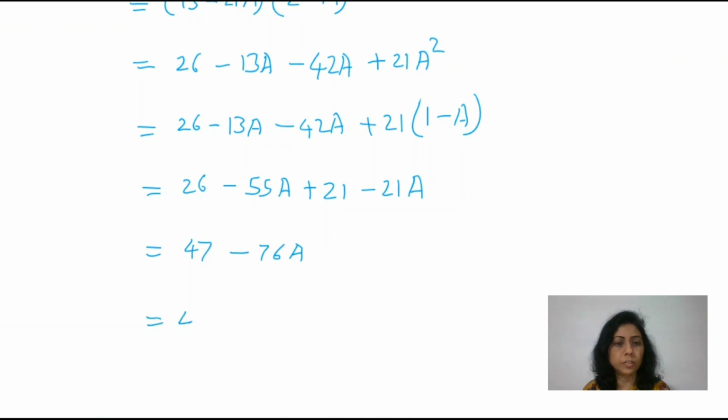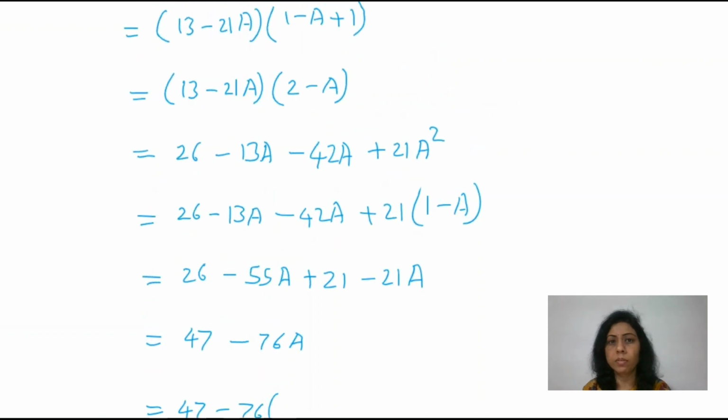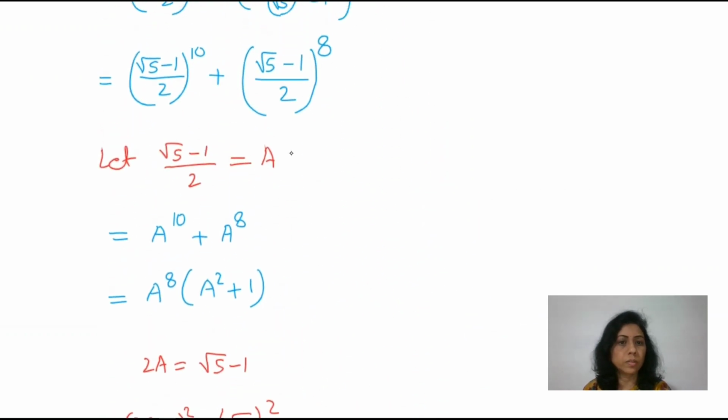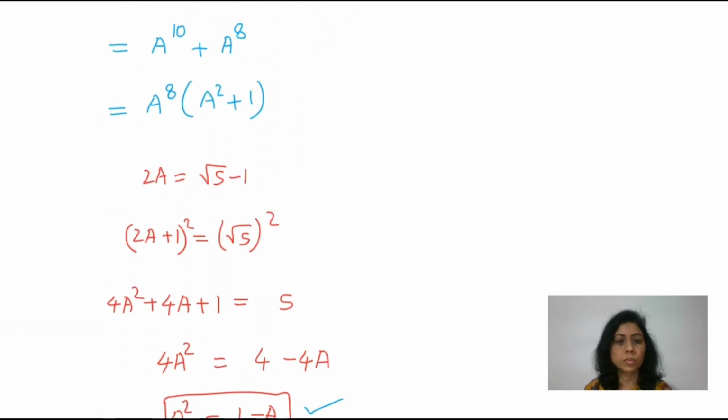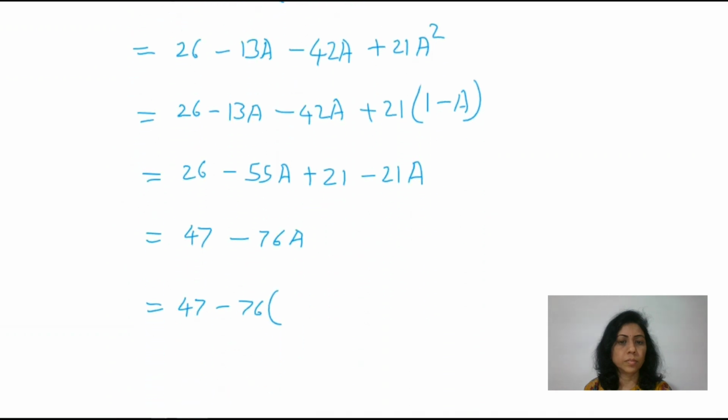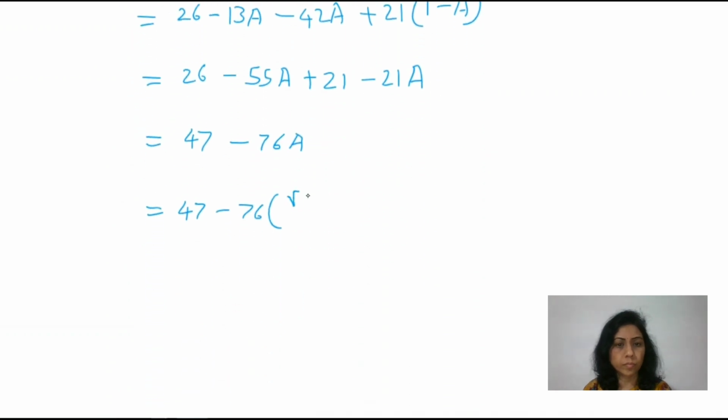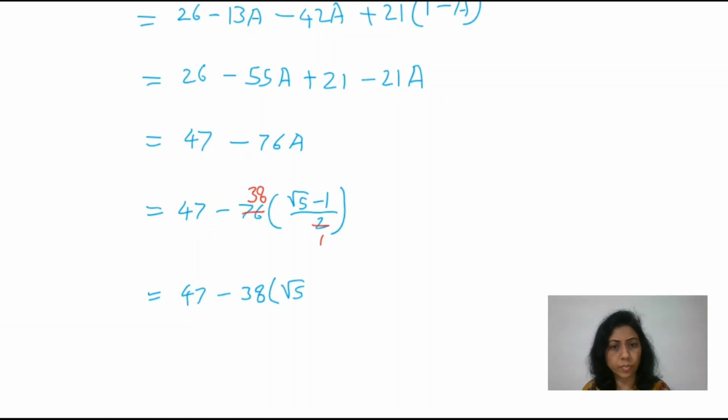Here we can substitute the a value: a was (√5 − 1)/2. The 2 and 76 cancel, we get 38, so 47 − 38(√5 − 1).